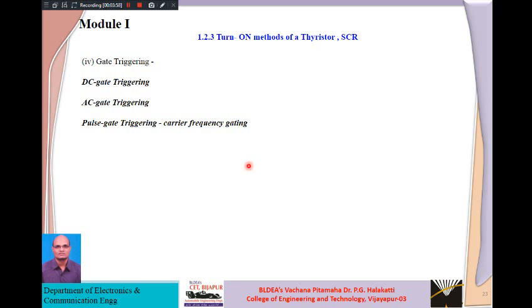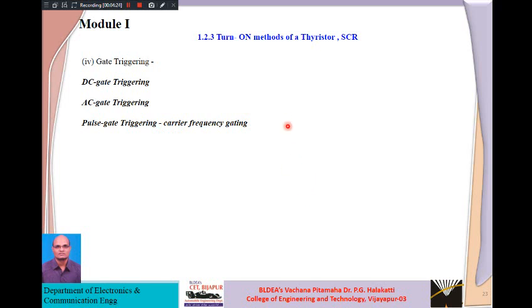This time can be minimized by increasing the magnitude of the gate pulse. Two variations are there, two flavors: either it could be DC or AC, or a pulse or a train of pulses. These things we already discussed in detail in the last class. These are the different turn on methods we have so far discussed, just brushed up here.